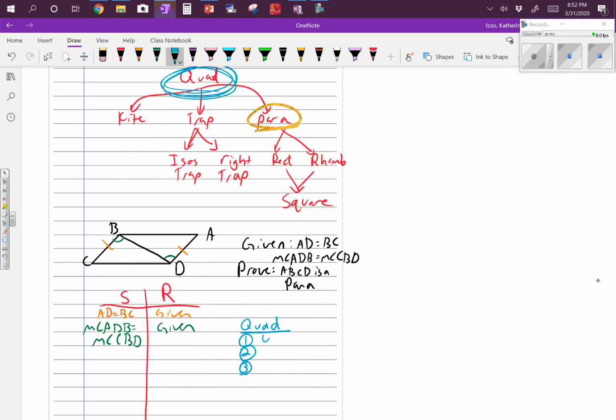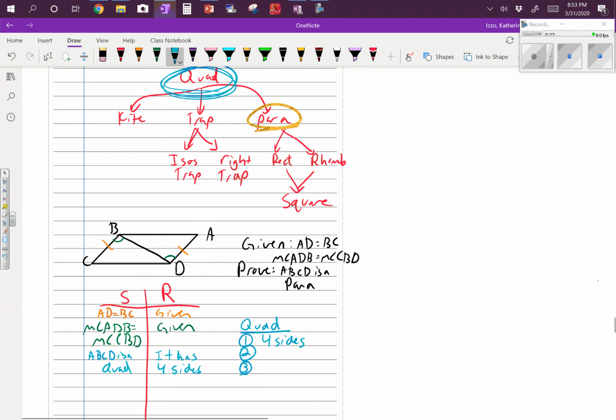First thing in a quadrilateral, it's got 4 sides. Does our shape have 4 sides? Yes. Okay, done. So we've got ABCD is a quadrilateral. It has 4 sides. Okay, so we've proven it's a quadrilateral.